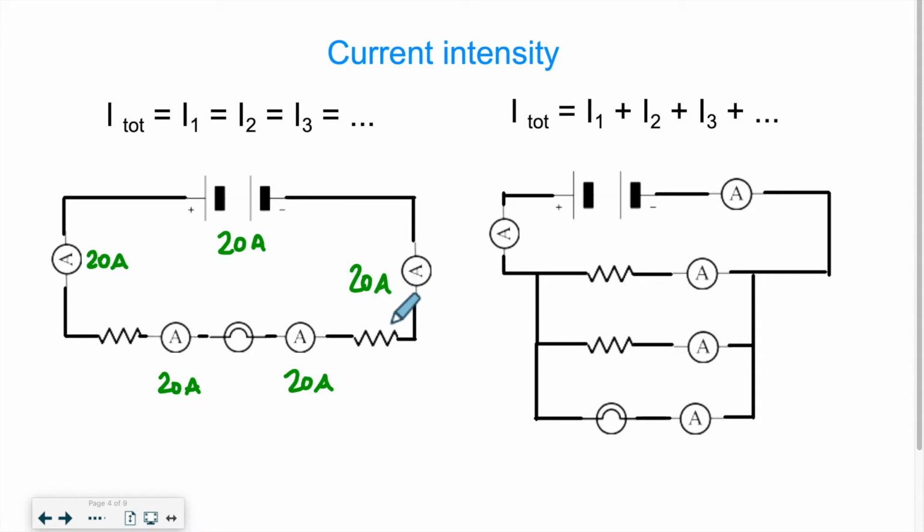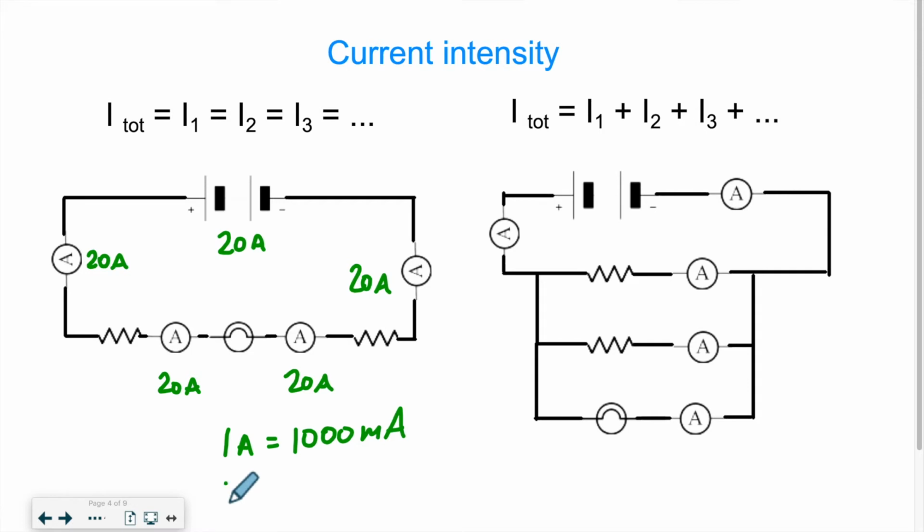It only makes sense. Now, don't forget, I mentioned this in the past, sometimes because the current is very weak, we're going to be measuring in milliamps rather than in amps. So that means in 1 amp, I have 1,000 milliamps.